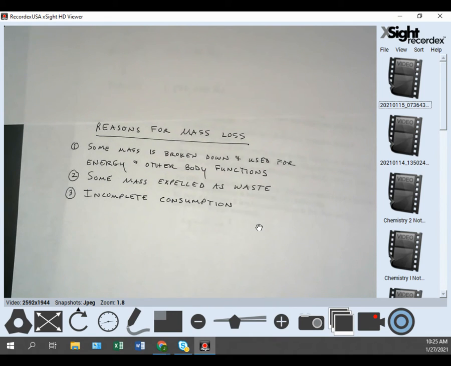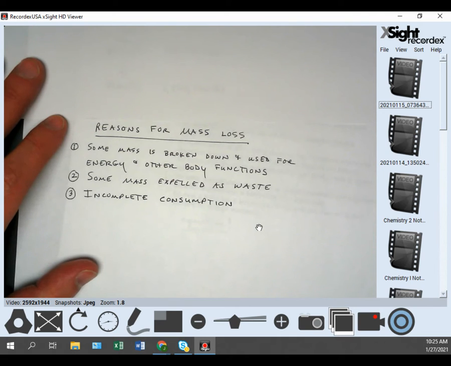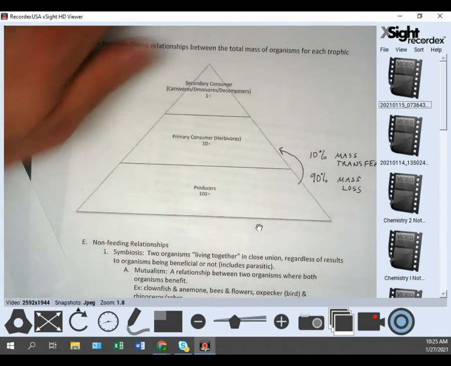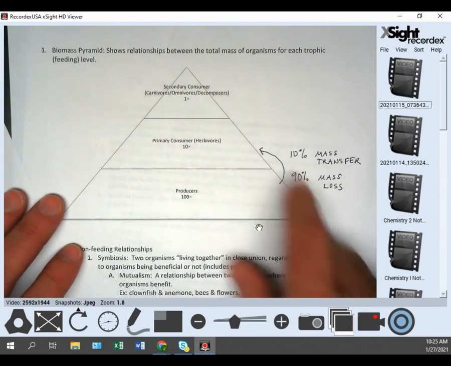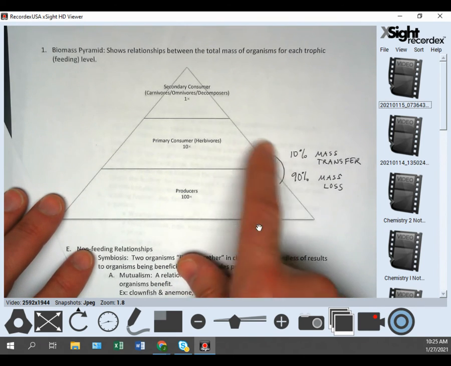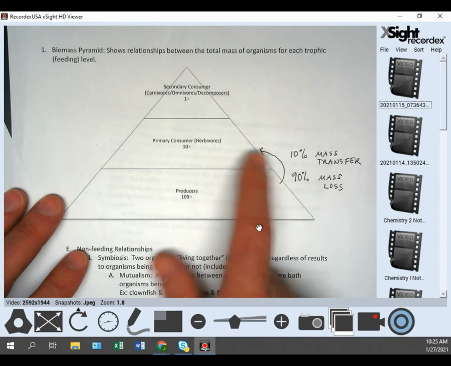Now remember, we're talking about mass loss from one level to another as we consume something to get energy. So some of the mass is expelled as waste. Make sense? Okay. So what this means is you have a 90% mass loss and only a 10% mass transfer as you go.